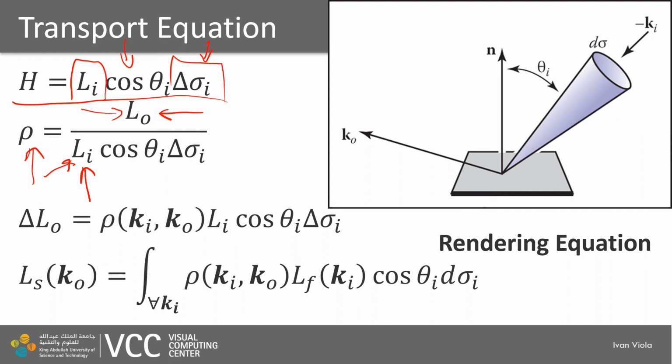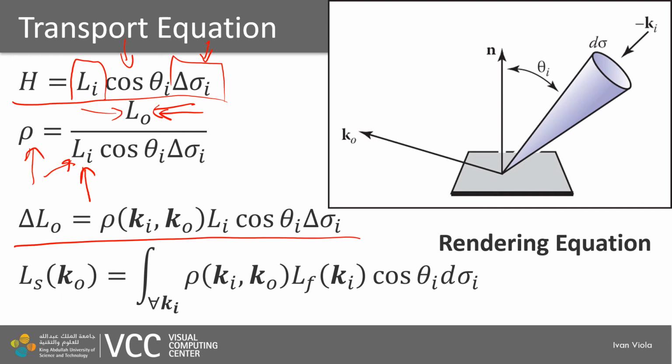And now, if we again reformulate this equation so that we are expressing the surface radiance through it, then for one incoming direction we will have the following formula expressing the outgoing radiance.